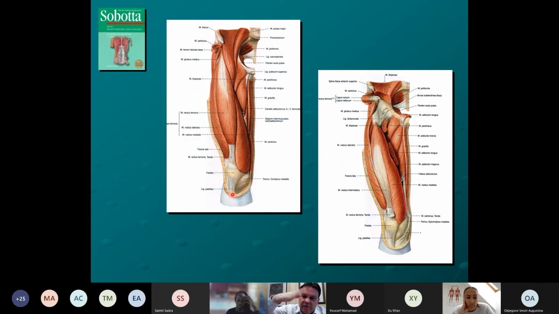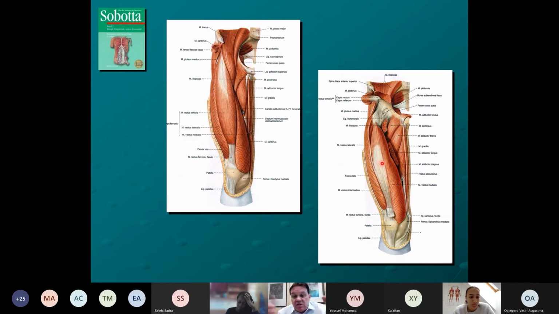You are doing that every day, many, many times. You are straightening your knee, and it's happening because of the quadriceps femoris. But the rectus femoris on the upper part of the muscle is coming from the pelvis. The other 3, the vastus 3, they are coming from the femur.